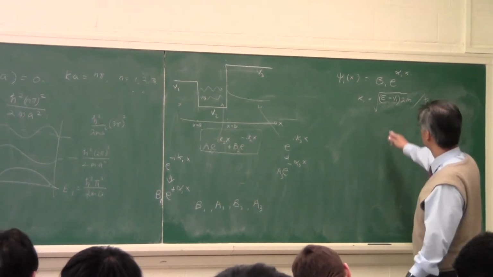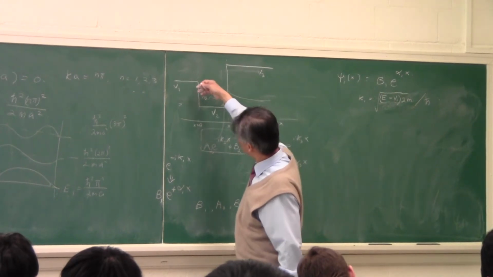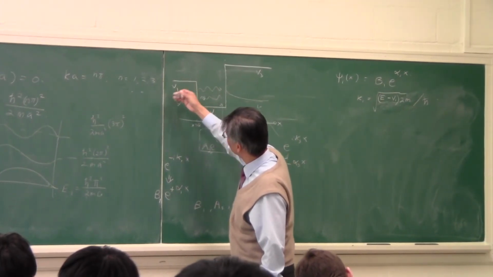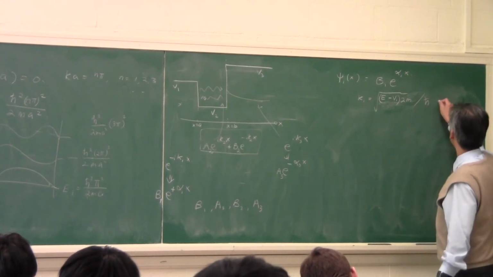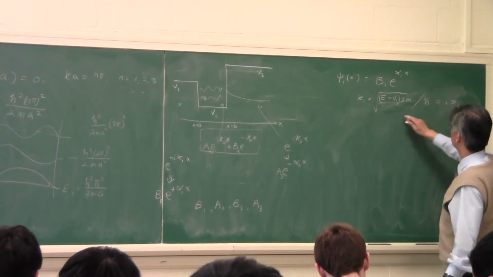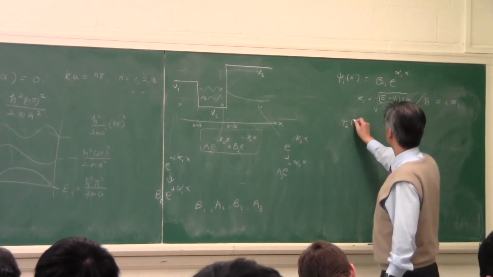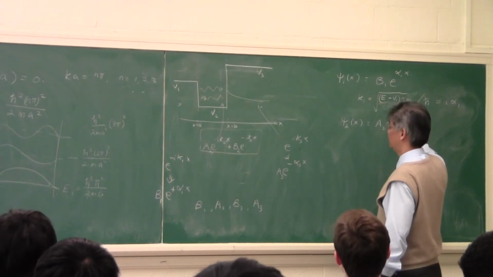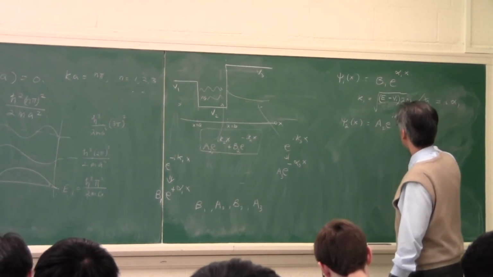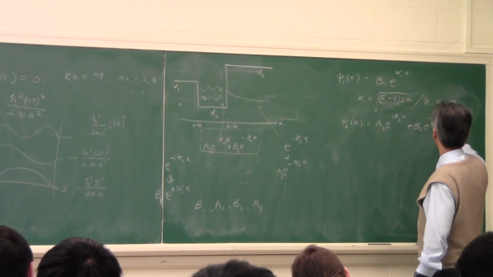But I expect that E should be less than V1 over here because the particle is not energetic enough to become a propagating wave over there. So this should be equal to i alpha 1. We expect this to be less than that. And then the wave function in region 2 should be A2 e to the i k2 x plus B2 e to the minus i k2 x.